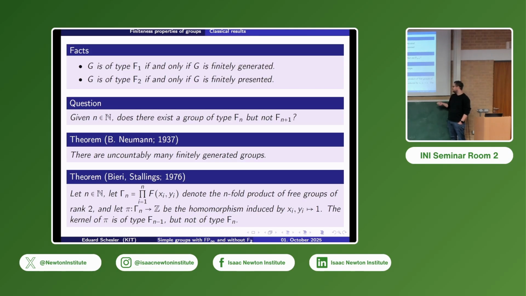By prototype, I mean there is a natural ambient group, in this case a product of non-abelian free groups, and a homomorphism to the infinite cyclic group, and the kernel of this homomorphism has type Fn, but not Fn+1.